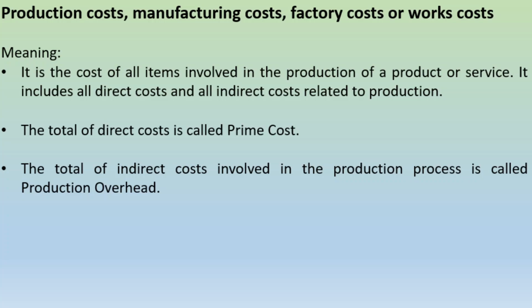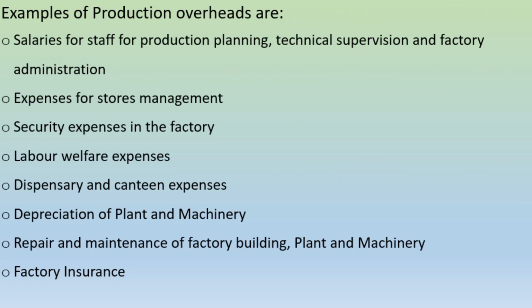In simple terms, they refer to all indirect expenses incurred on processes and operations which commence from the receipt of a work order till its completion. Let me quote certain examples of production costs. Salaries for staff for production planning, technical supervision, and factory administration.